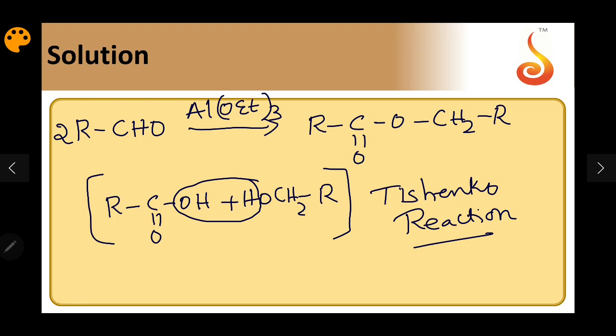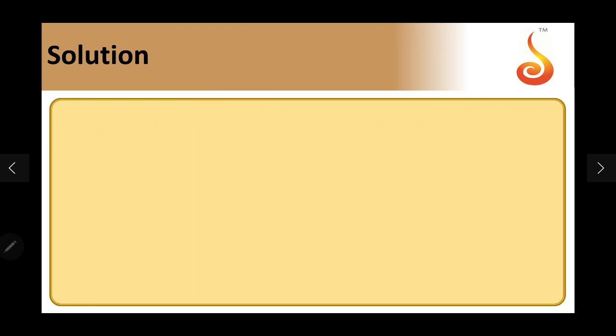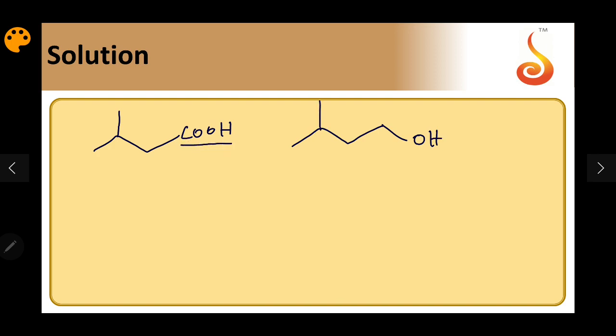Now, in the given question, what are the acid and alcohol given to us? The acid and alcohol given to us are, this is the acid and this is the alcohol. So, we can clearly see this is oxidized and this is reduced.